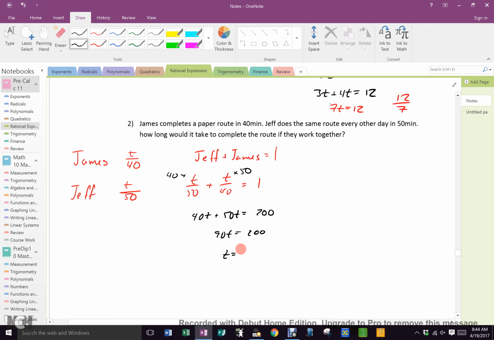What does t equal? Oh, this isn't times 40. It's times 4 and 5, right? Because it was 200, not 2,000.